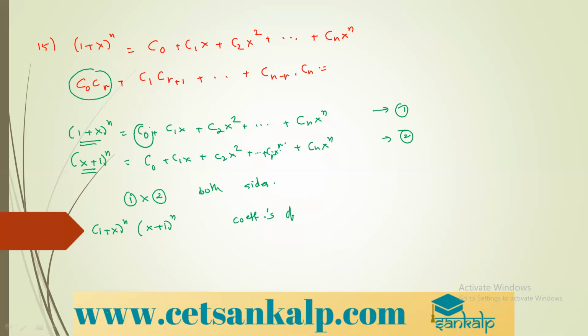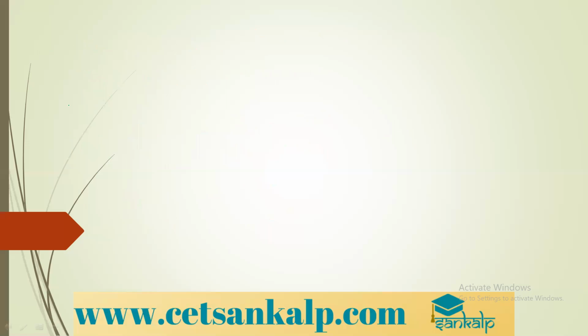If I multiply C0 and Cr, I am getting the coefficient of x^r. So I am taking just the coefficient of x^r, multiplying both the sides and taking the coefficient of x^r, on the right side and left side, both. If I take the left side, I have (1+x)^n (x+1)^n. That means (1+x)^n (1+x)^n. That means (1+x)^(2n).